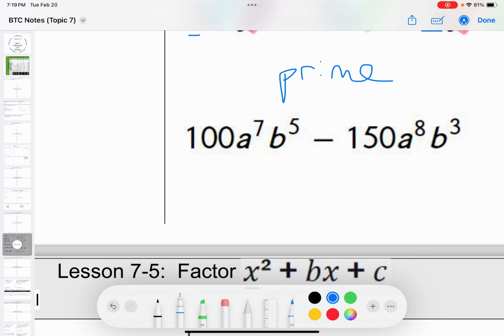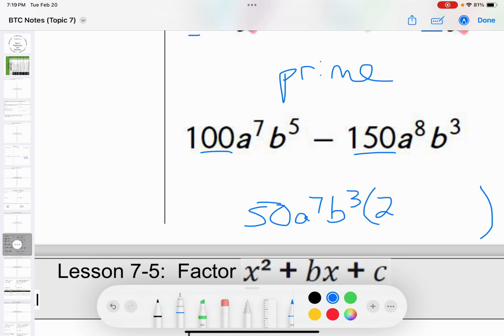So, this last one, I've got 100 and 150. 50 is the largest value that goes into both of those. I'm going to be able to factor out a to the 7th and b to the 3rd. What am I going to be left with? 100 over 50 is 2. A to the 7th over a to the 7th is gone.